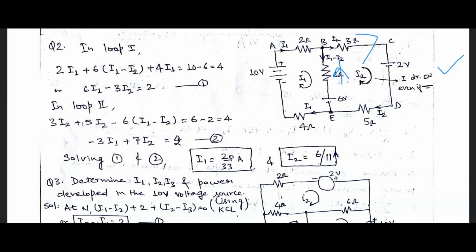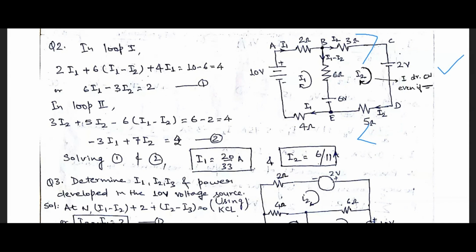So 3I2 plus 5I2, as the current is flowing here. Now the current flowing from B to E is I1 minus I2, but here we are talking about the current flowing from E to B. So minus 6(I1 minus I2).